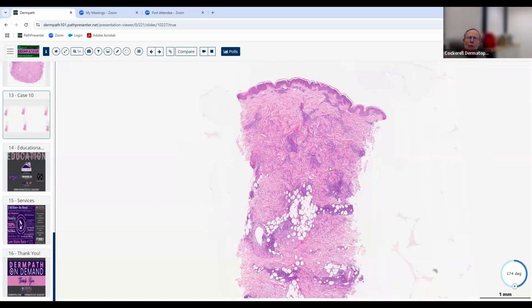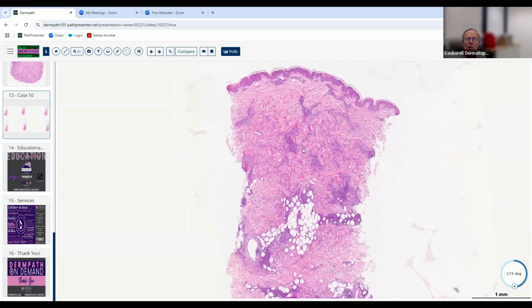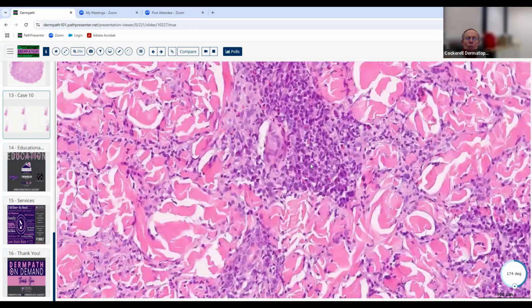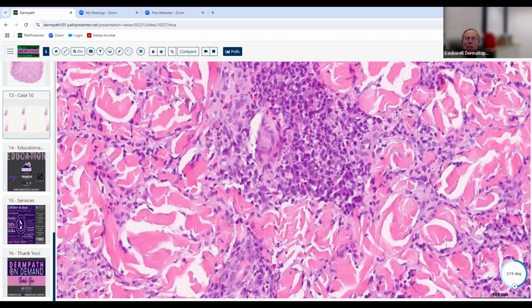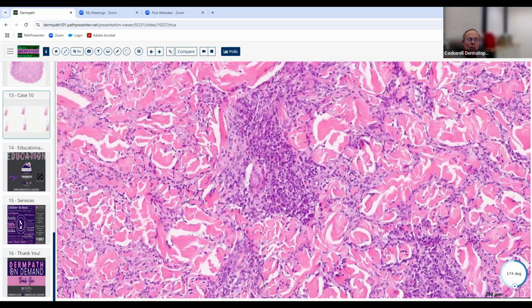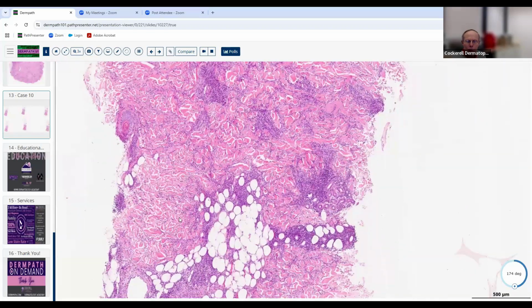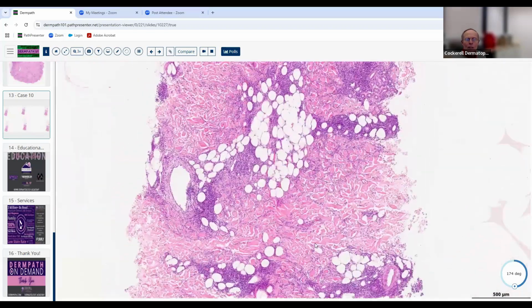Lymphocytes, but maybe some other cells in here, because not everything looks jet black. Minimal epidermal involvement. And as we go to higher magnification, we've got mostly lymphocytes, eosinophils, some plasma cells in here. And this is mostly a dermal-based process. Okay, it's fairly diffuse.